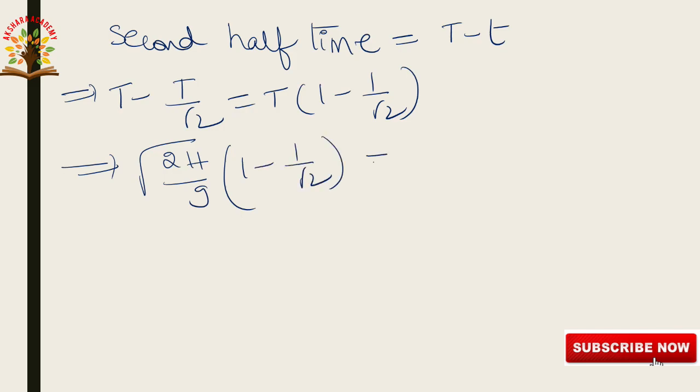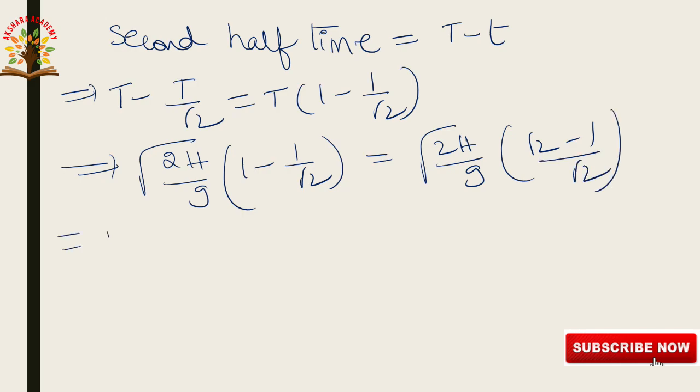Taking LCM, 1 minus 1 by root 2 is root 2 minus 1 by root 2. So this can be written as root 2 into root of h by g into root 2 minus 1 by root 2.